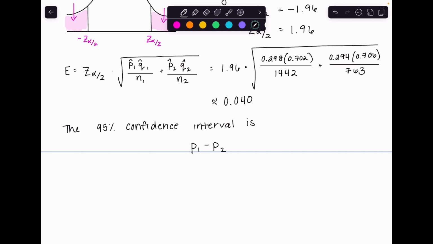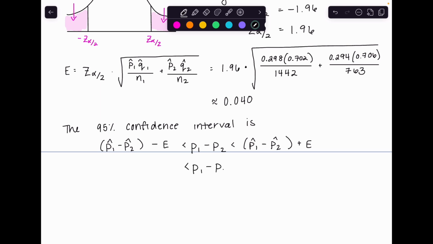So the difference in these two proportions is bounded above by those samples plus some error, which is 0.04, and then the same thing, the samples minus an error.